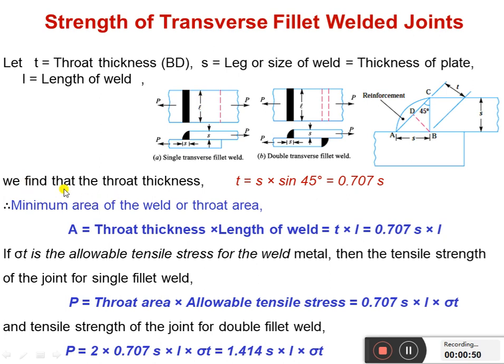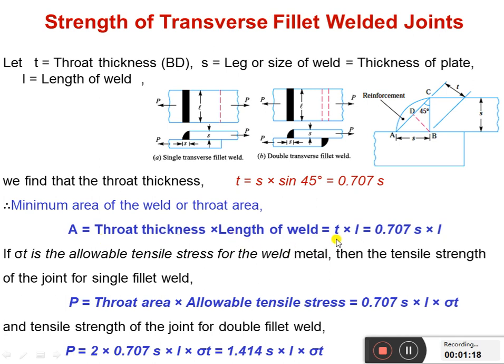So we find that throat thickness. T is equal to S into sine 45, which is equal to 0.707 into S. So this is the size of the weld, and T is 0.707 into S. The minimum area of the weld or throat area equals throat thickness into length of the weld.